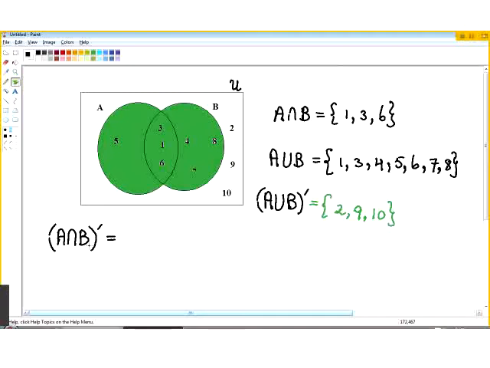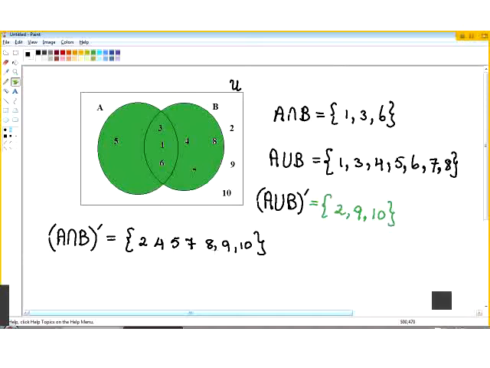A intersect B represents numbers 1, 3, and 6, right? So A intersect B complement will be 2, 4, 5, 7, 8, 9, 10.